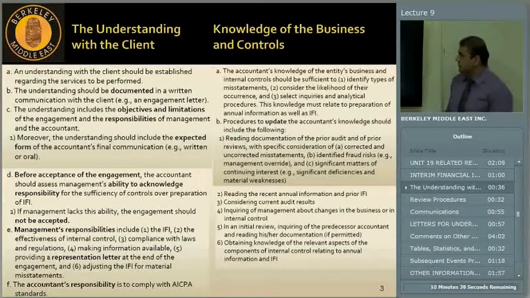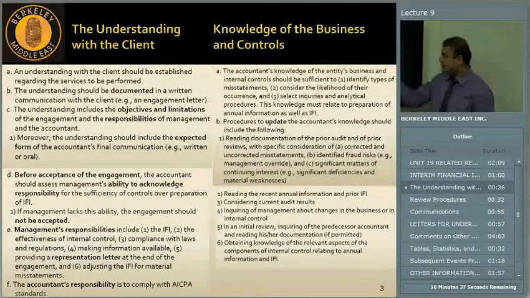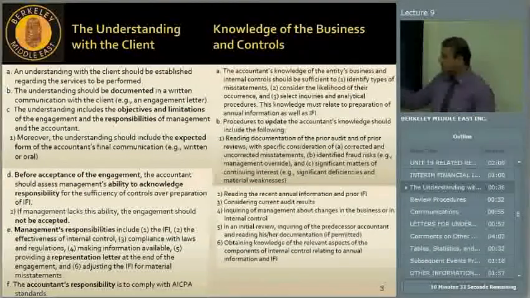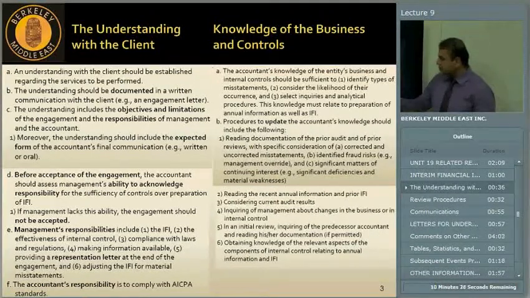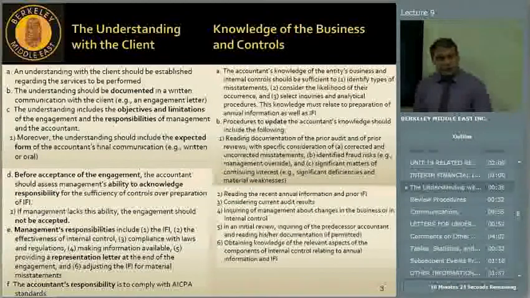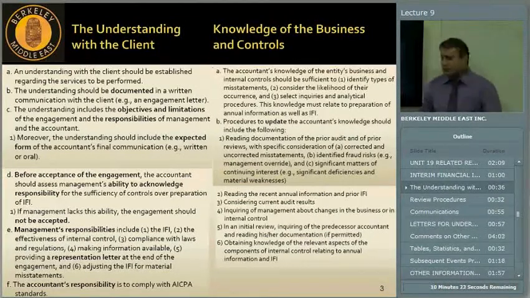Before acceptance of an engagement, the auditor or accountant must see the ability to acknowledge responsibility for the sufficiency of the controls. Then he has to see the management responsibility. Typically, as we know, it is the engagement letter that defines the scope of the transactions.